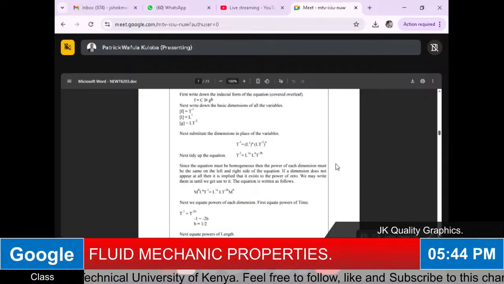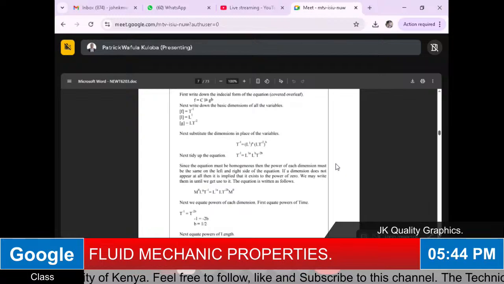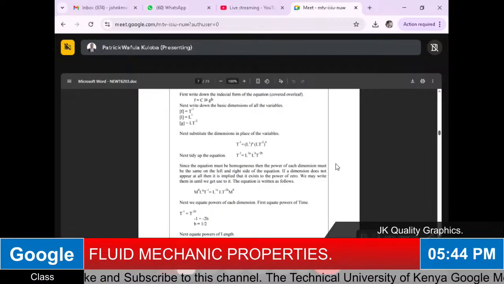So putting L raised to 0 on the left-hand side, it is equal to L raised to A plus L raised to B, which simply is L raised to 0 equal to L raised to, in brackets, A plus B. So 0 is equal to A plus B. You already know the value of B, which is a half.